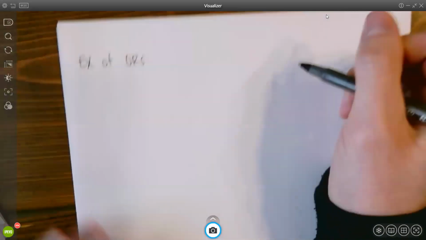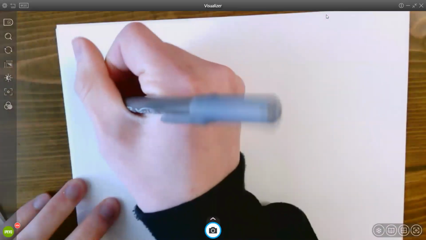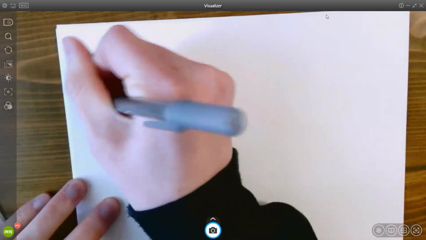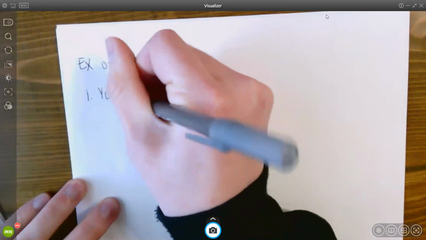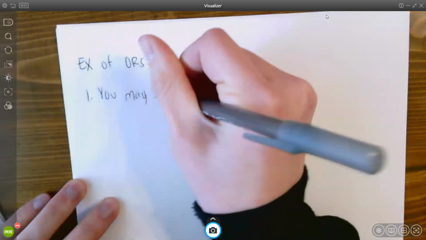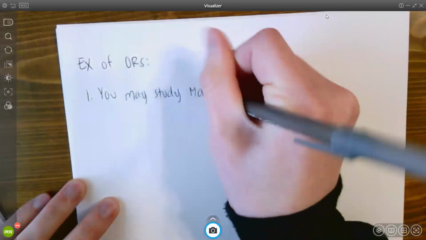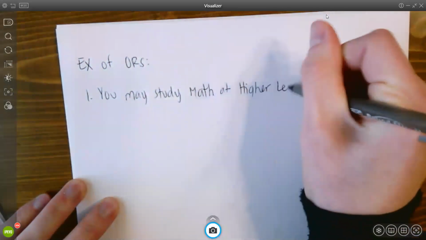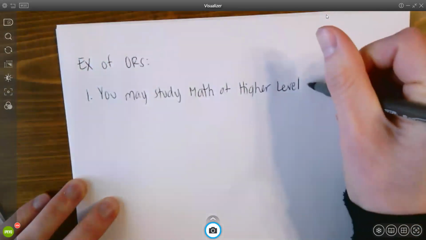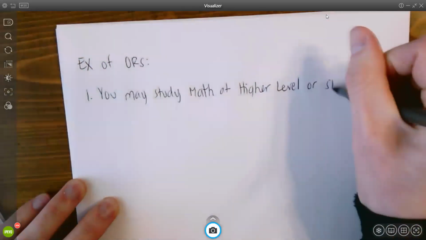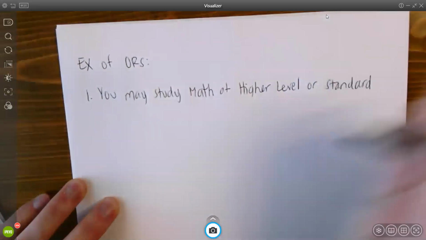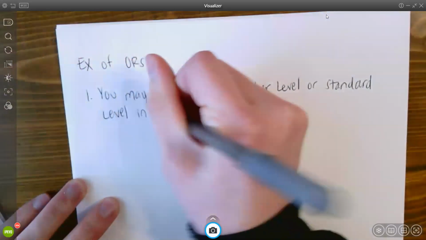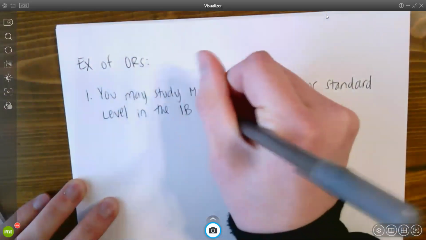Okay, so one example would be: you may study math at higher level or standard level in the IB diploma.